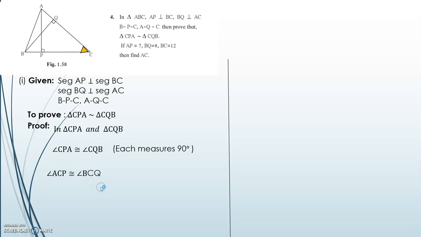That is angle ACP will be equal to angle BCQ, common angle. Therefore, now we have got two angles of the two triangles to be congruent, and therefore we can say the two triangles are similar by the AA test of similarity. Now we have to find the second part, that is find AC.